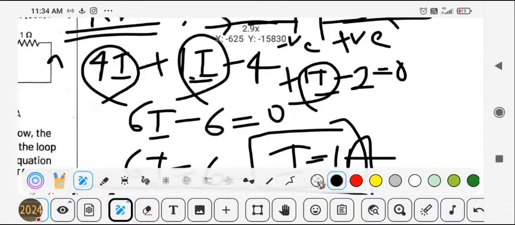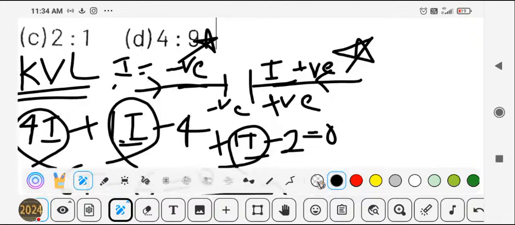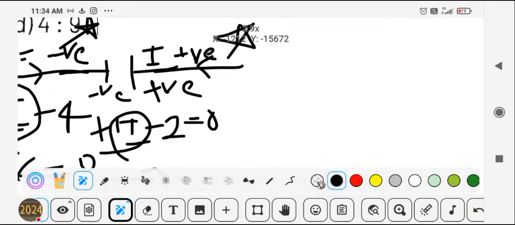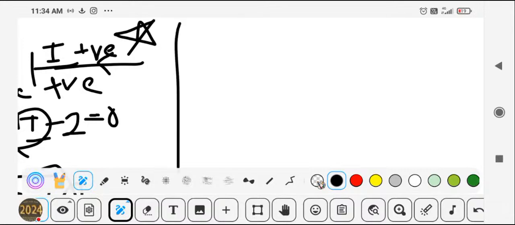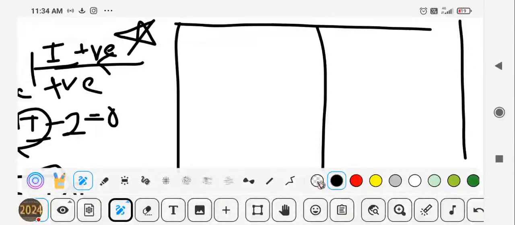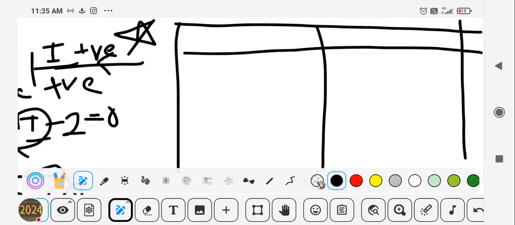I will repeat that same concept. Remember this. I will take it separately here. I will make a box for it. What sign for resistance, what sign for voltage. If current is in this direction, what happens?